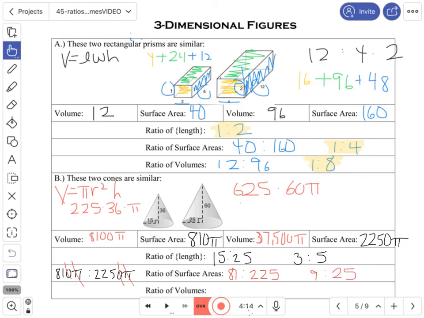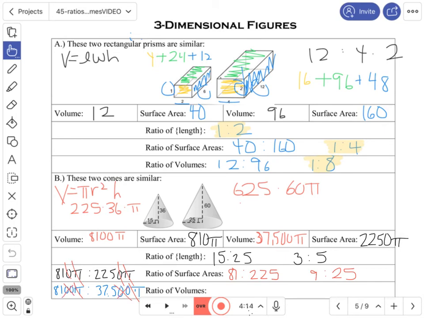Okay, and then for the volumes, again, I'm going to start on the left. So I have 8,100 pi to 37,500 pi. And again, I can get rid of the 2 pi's. I can divide by 100, or basically get rid of those last 2 zeros.